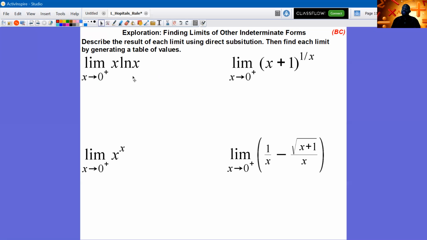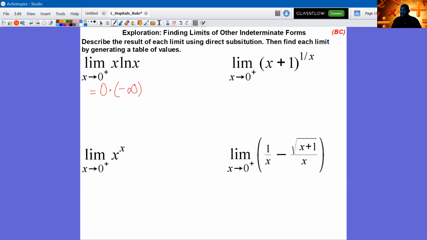So first thing I want to do is evaluate each of these using direct substitution. So if I substitute in 0 for x, and this is the limit of x natural log x as x approaches 0 from the right, I get 0 times natural log of 0, which is negative infinity.